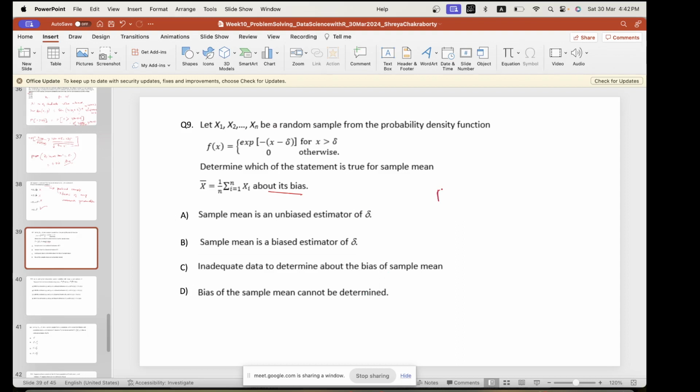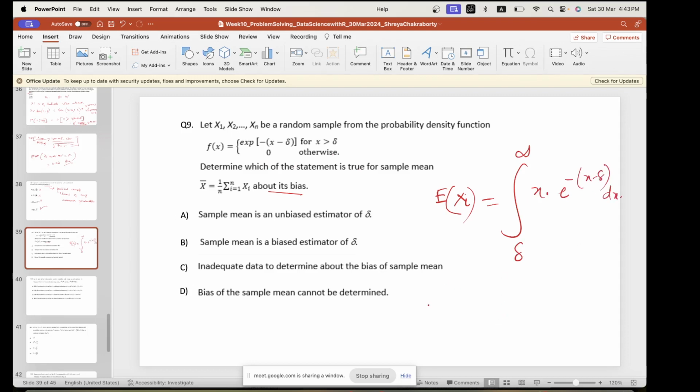Alright, so expectation of any xi is how much? Since the value of x ranges from delta to infinity and 0 otherwise, this will be the integral from delta to infinity of x into e to the power minus (x minus delta) dx.